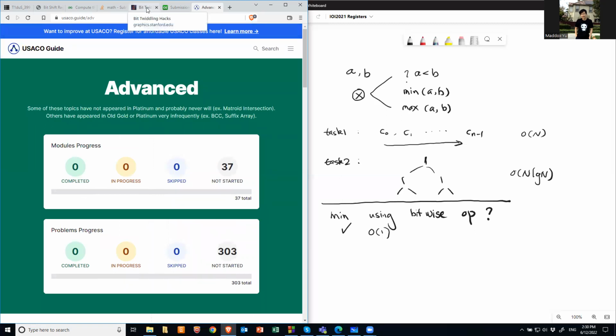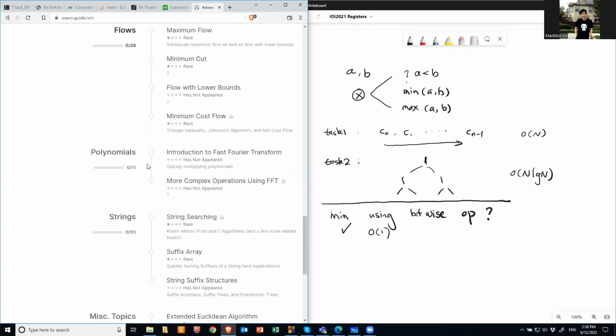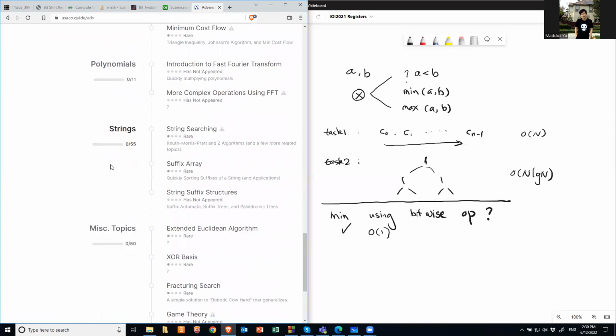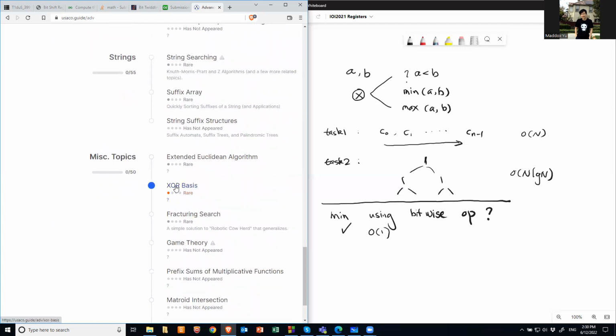One thing I forgot. One of the questions that came up in the chat was, how do I study more on bitwise operations? There was a bitwise operation topic in the Platinum level class, if I remember correctly, and you can look at that.